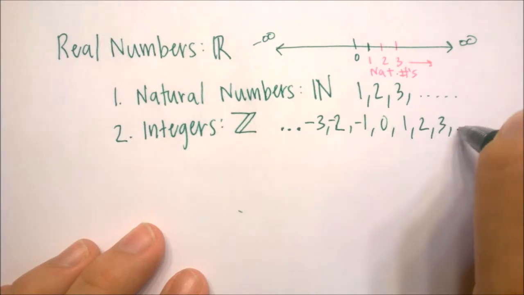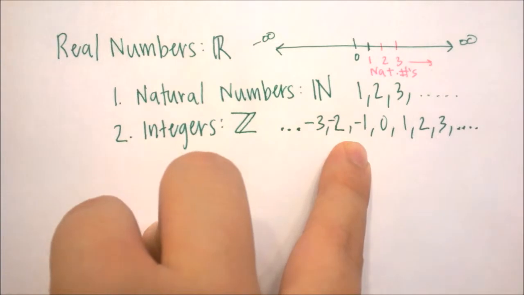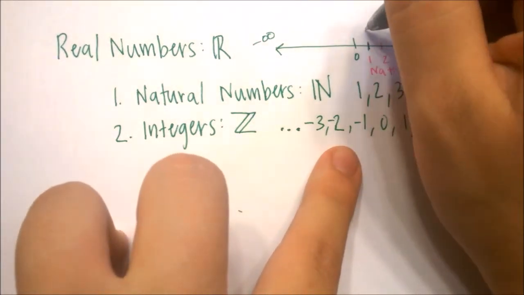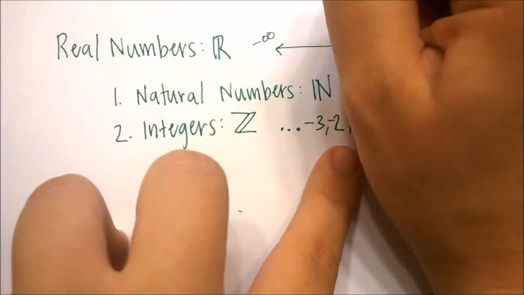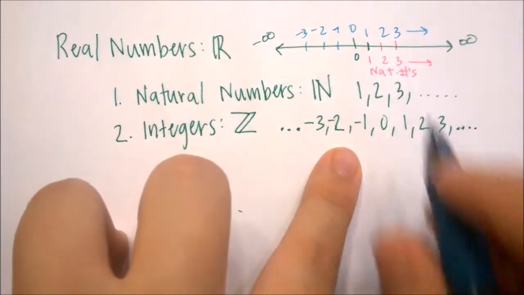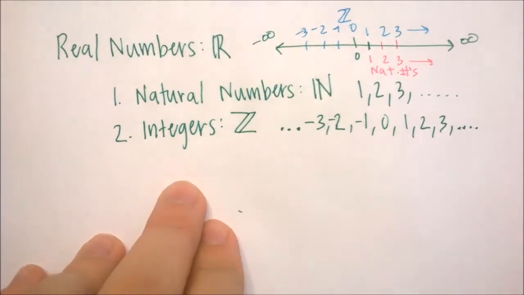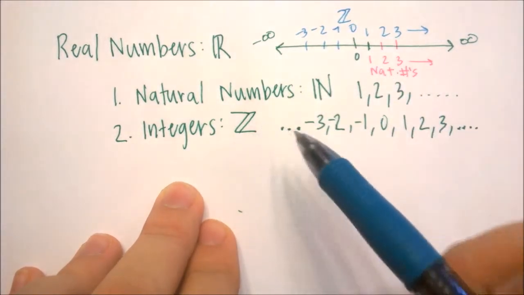Just like real numbers, they are real numbers, but they're integers, so they're whole numbers. So these are integers. As you can see, the natural numbers are a subset of the integers.